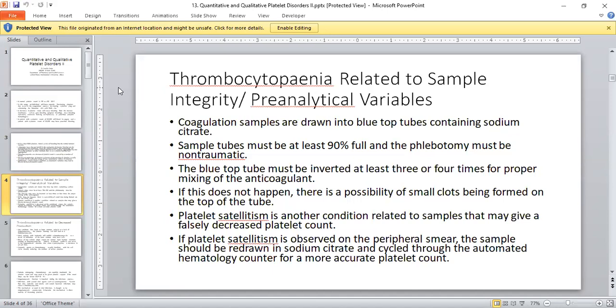If both PT and APTT are abnormal, it helps to show that the problems are in both the intrinsic and extrinsic pathways, meaning that it's the cofactors themselves that are maybe not there or not there in adequate proportions, or they have issues. They're not functioning the way they should.